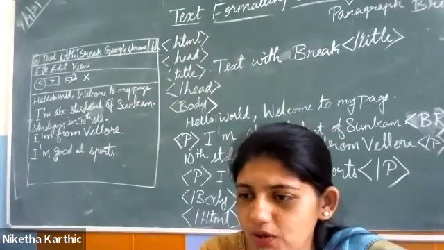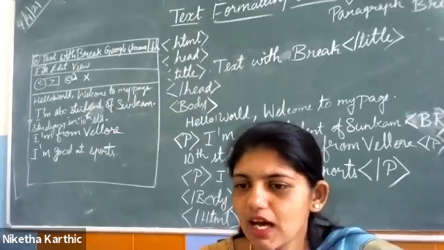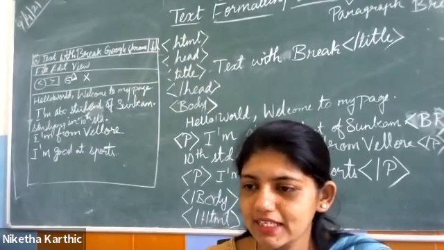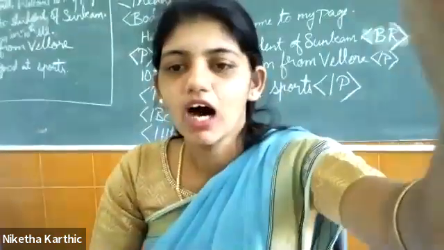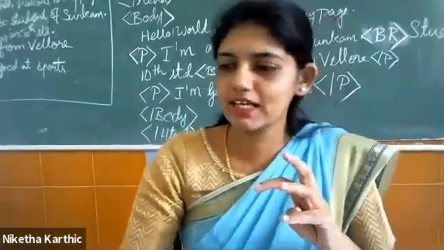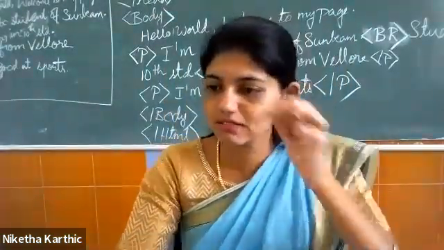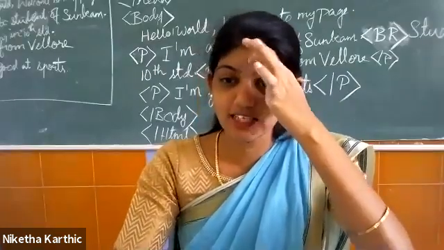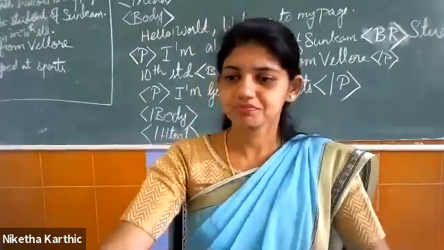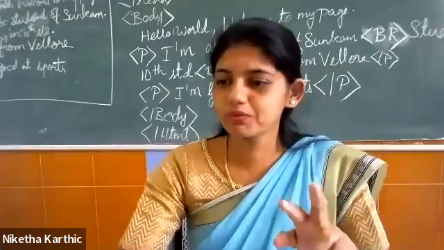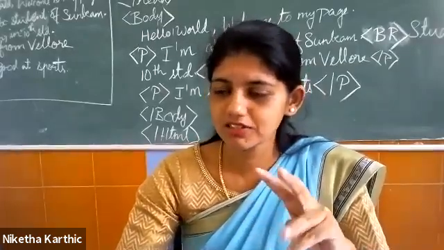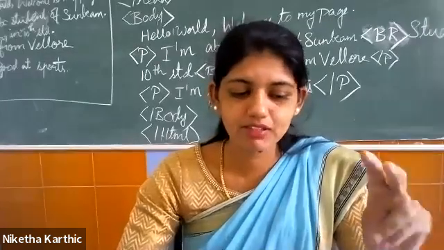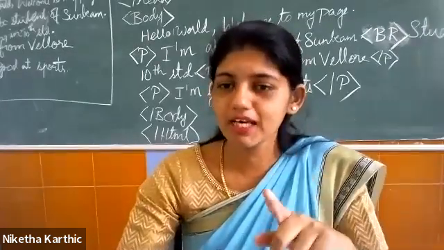Fine children, are you all clear up to this? Today we saw how the headings work. We saw three topics, that is H1 to H6. Then we came to text formatting using P and BR.